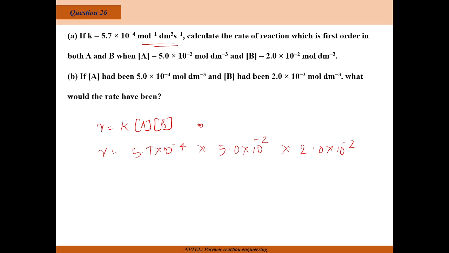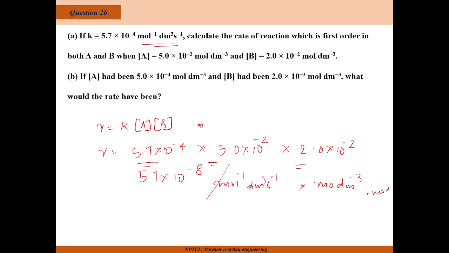Now let's see this one. Here it is 5.7 into 5 into 2, so it is basically 10. So it is like 57 into 10 to the power minus 4 minus 4, it's minus 8. And the unit part is mole inverse decimeter cube second inverse multiplied by mole decimeter cube inverse into mole into decimeter cube.